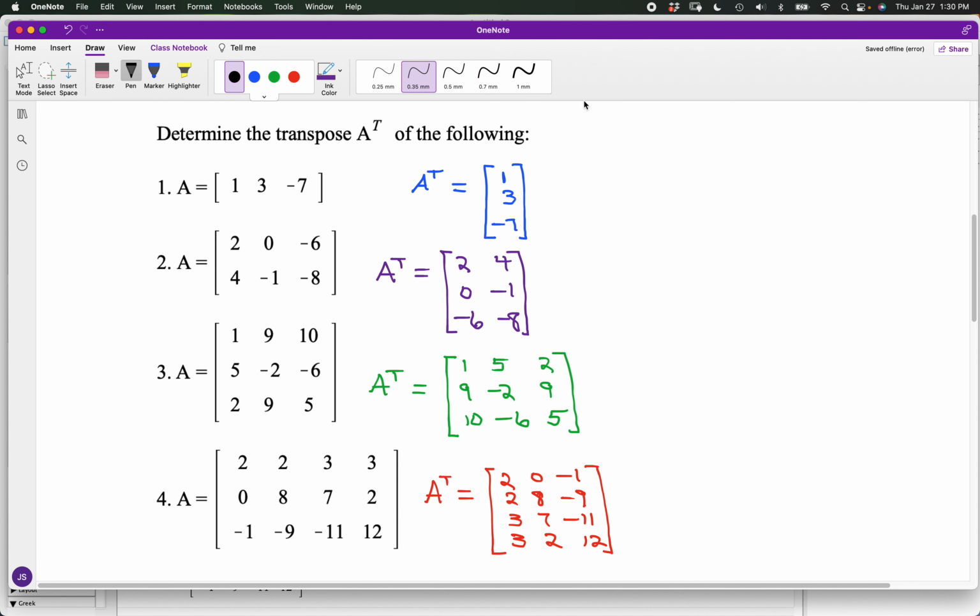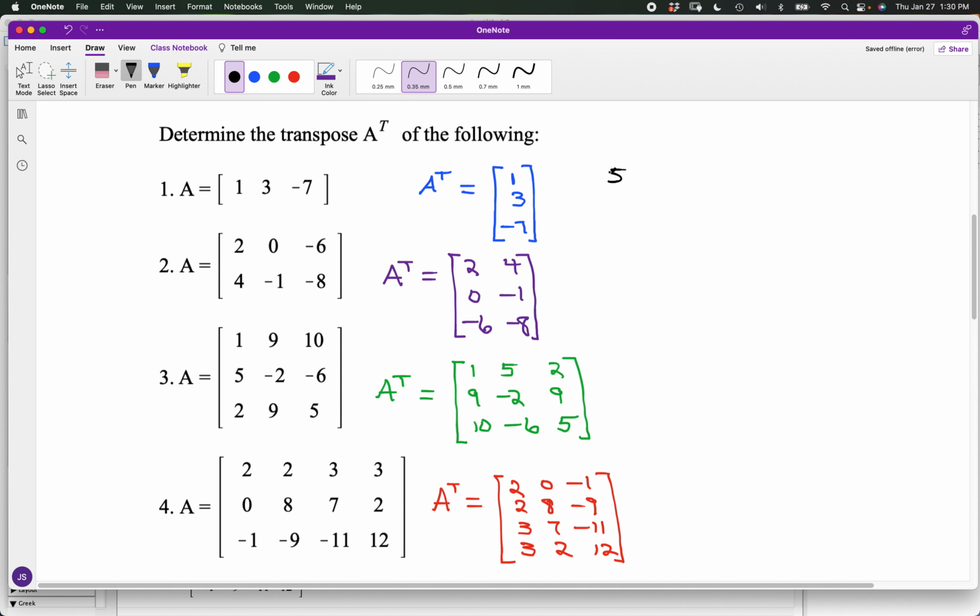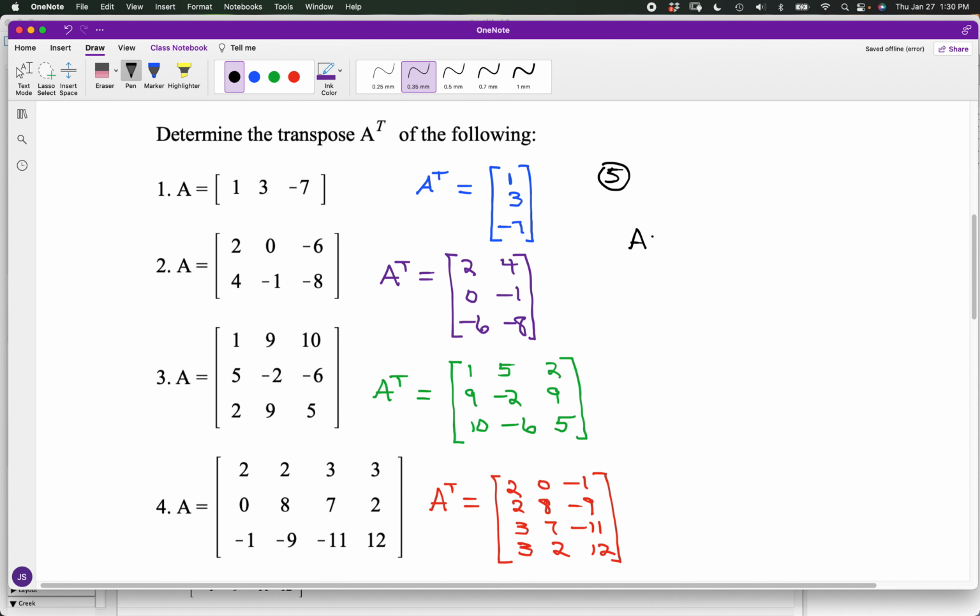And just to kind of throw this out, let's say we have a 5 by 3, so you have 1, -1, 0, 2, 7, and we have 2, 4, 6, 8, 10.